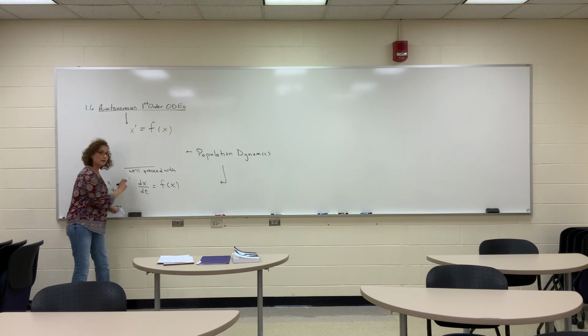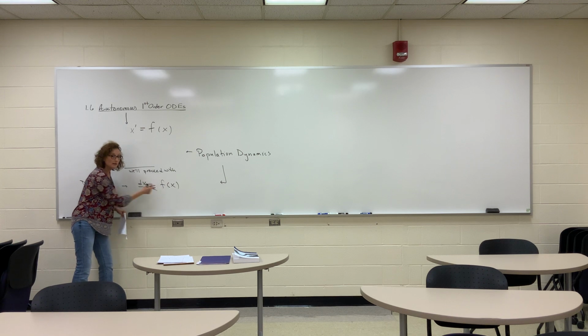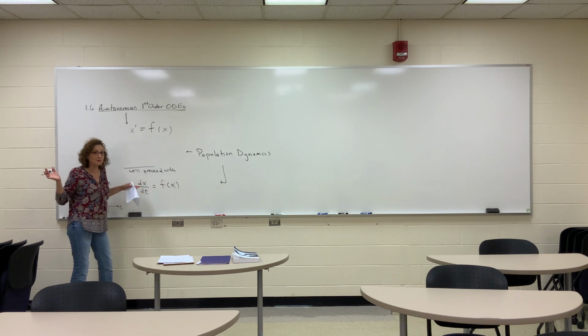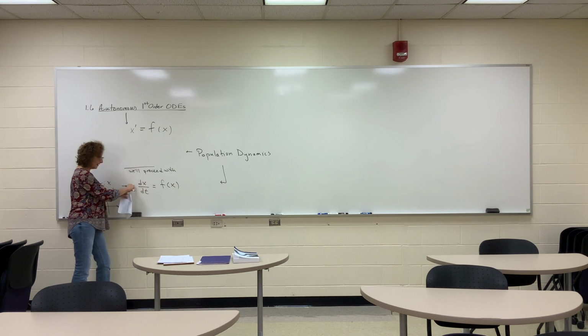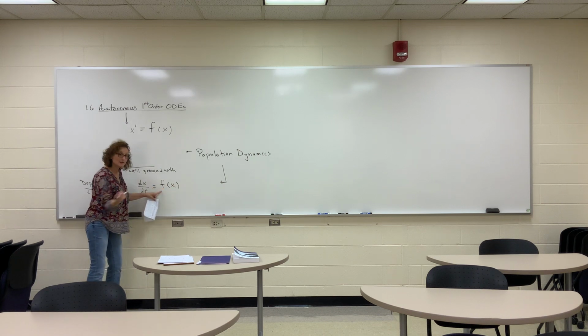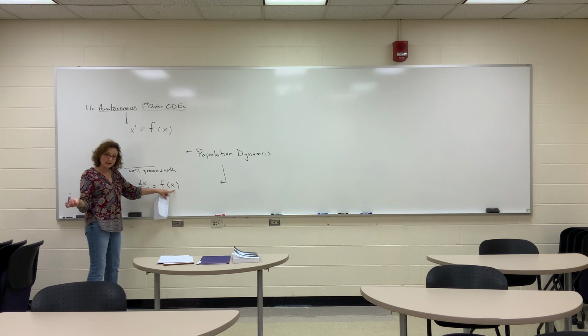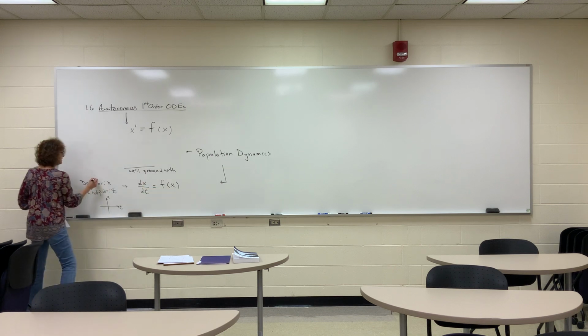Can we just integrate both sides? Absolutely not, right? If we're going to integrate this to get out x of t, then we're integrating with respect to t. That's what gives us x of t. We can't integrate this with respect to t because it depends on x, and x is a function that depends on t, right?